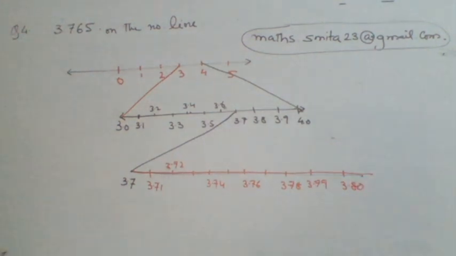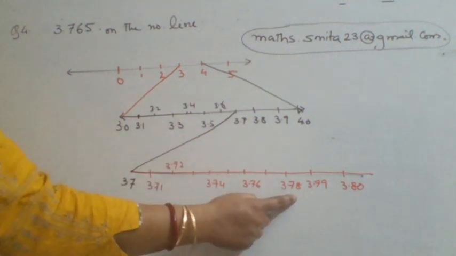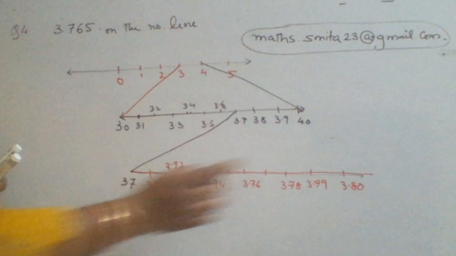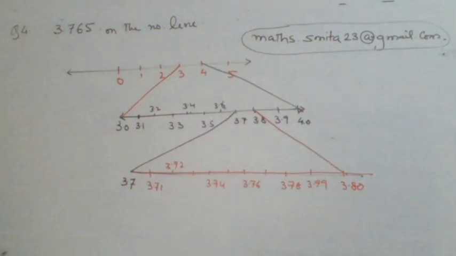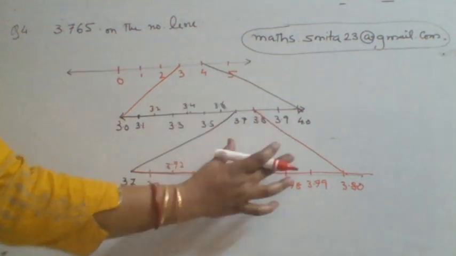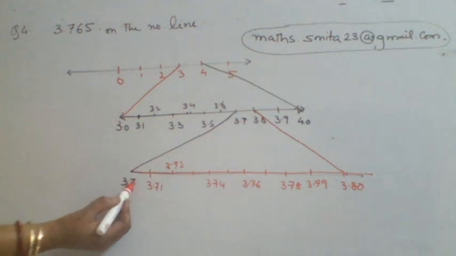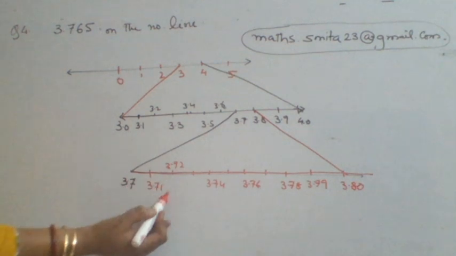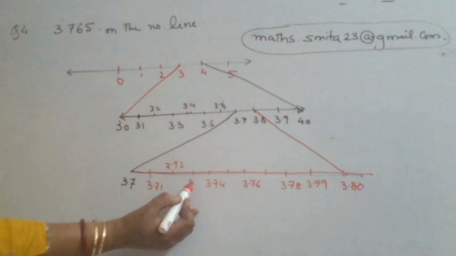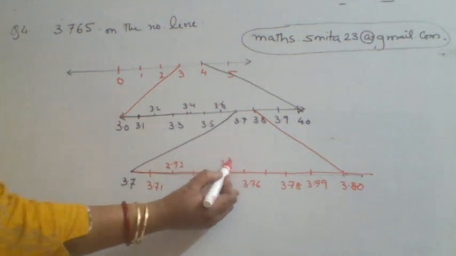This part is now magnified. What divisions are there between these two points? That is your 3.70, then 71, 72. We read it like 3.71, 3.72, 3.73, 3.74, 3.75, 76, like this.